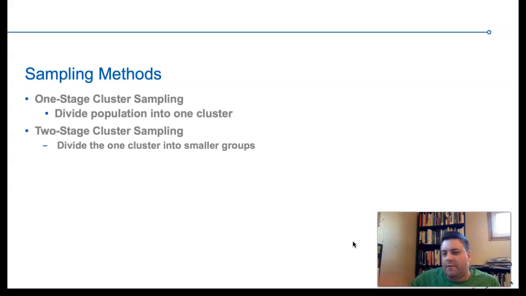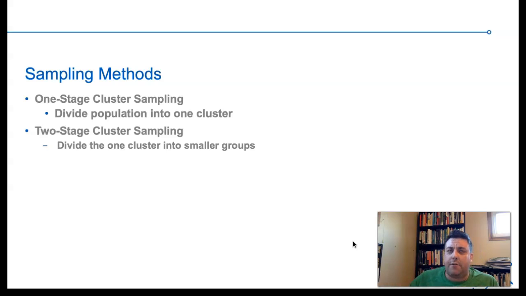There are different stages of cluster sampling. There's one stage and two stage, and that depends on how much you are dividing or subdividing or clustering that population. If it was one cluster, you might divide it into, let's say, sex. So you have men and women.